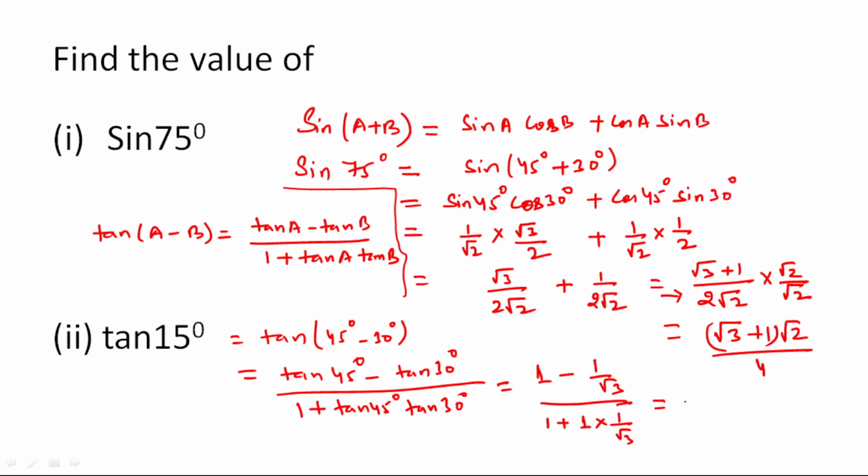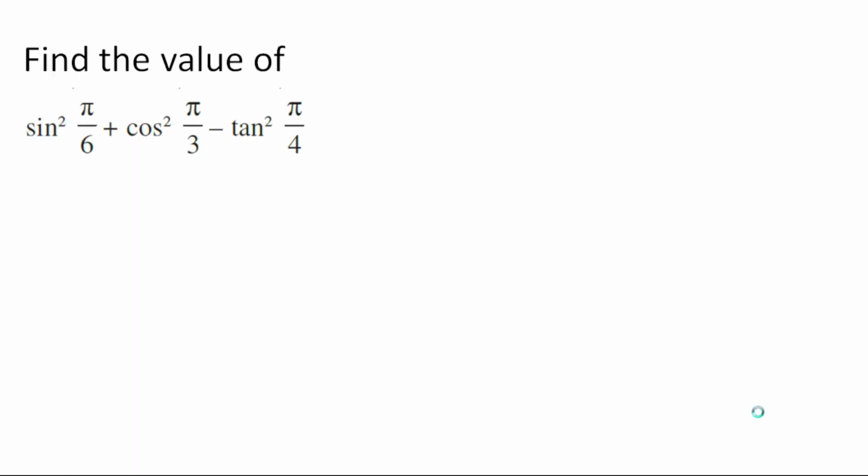So we can write root 3 minus 1 in the numerator and root 3 plus 1 in the denominator, and the root 3 in the denominators will get cancelled. We can further go for rationalization, or even keep it like this, there will not be any problem. Now we will solve another question.